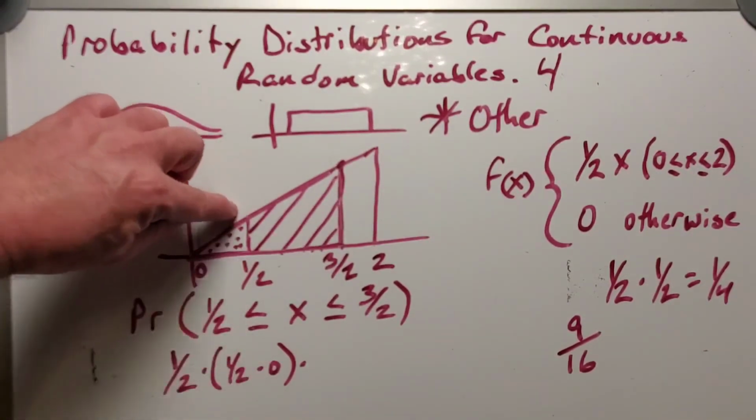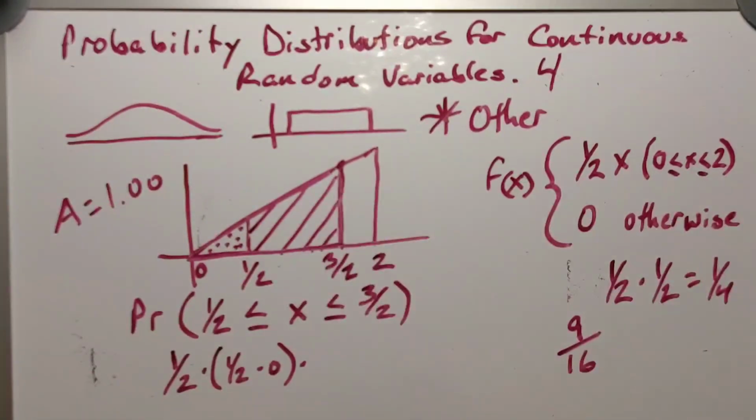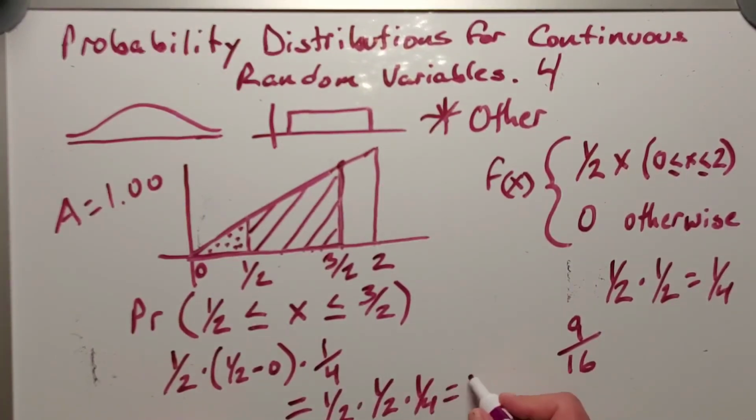So that's the height, because I plugged it into the function. 1/2 times 1/2 minus 0 times 1/4. And that's going to come to 1/2 times 1/2 times 1/4, or 1/16. Great.